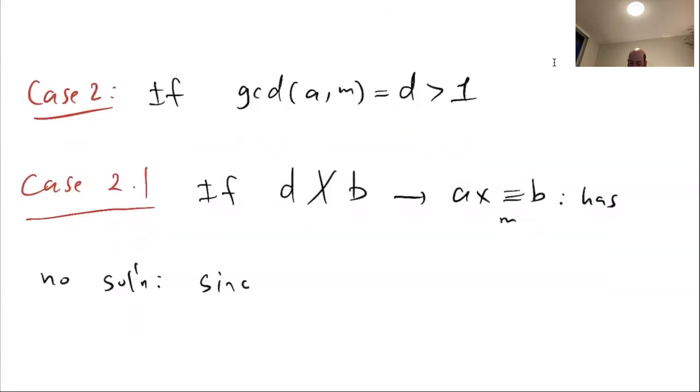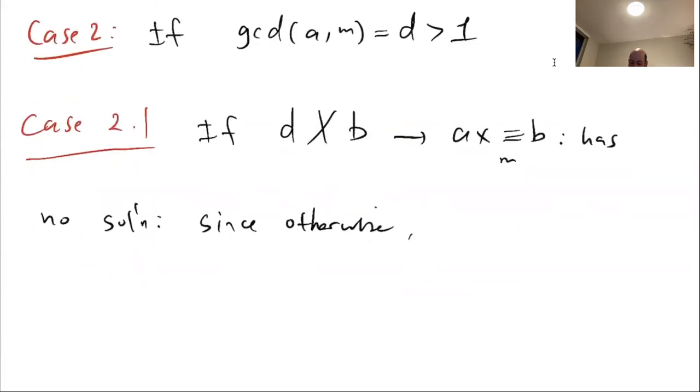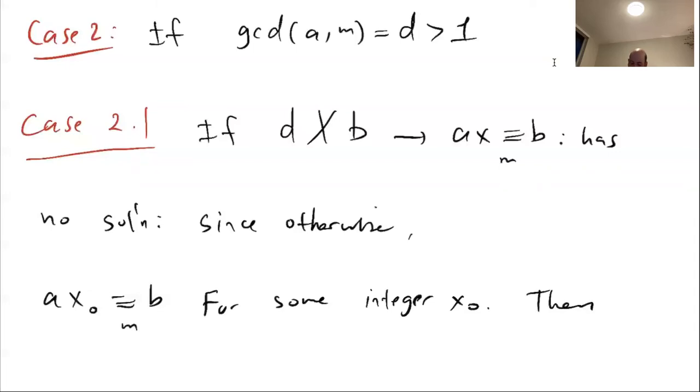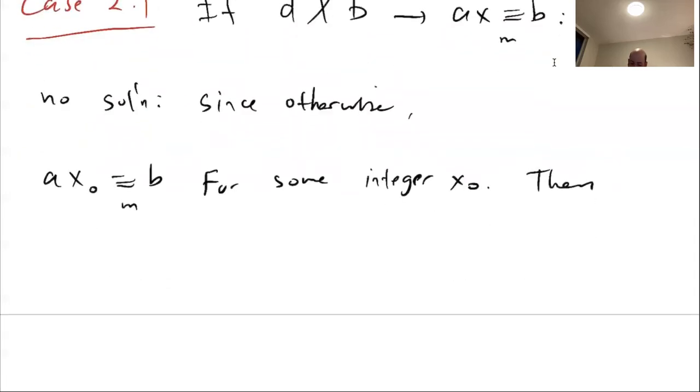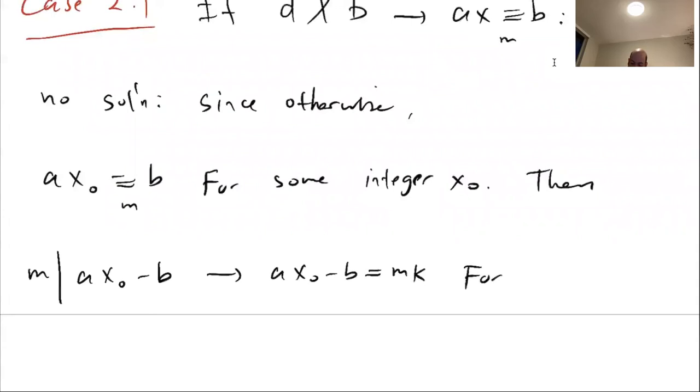Because otherwise, if this has a solution, then let's say AX0 is equal to B mod M for some integer, let's say x0, then what can I say? Then I can say that M divides AX0 minus B, which means AX0 minus B equals MK for some integer K.